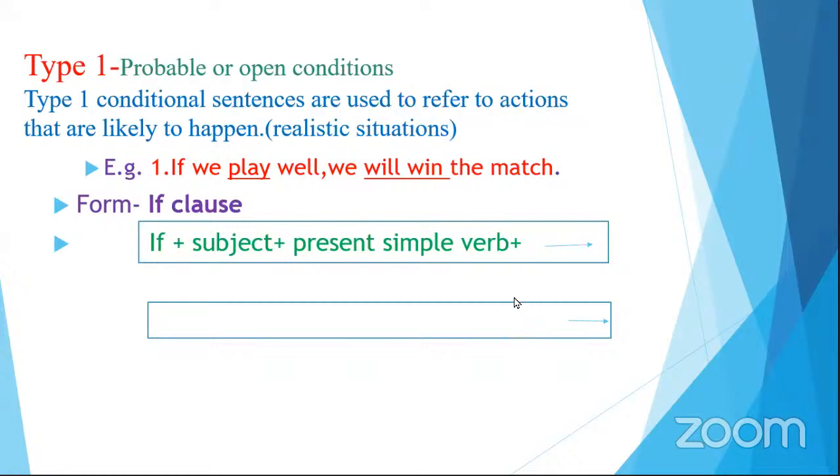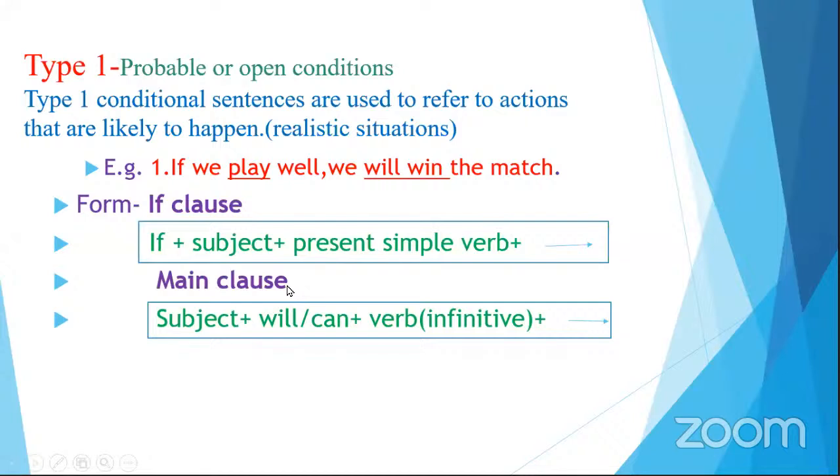Dear students, let's look at the components of the main clause. Look at the main components of the main clause. What is there in the main clause? Look at the above example once again. You have a subject in the main clause. Then you have a verb, will or can.